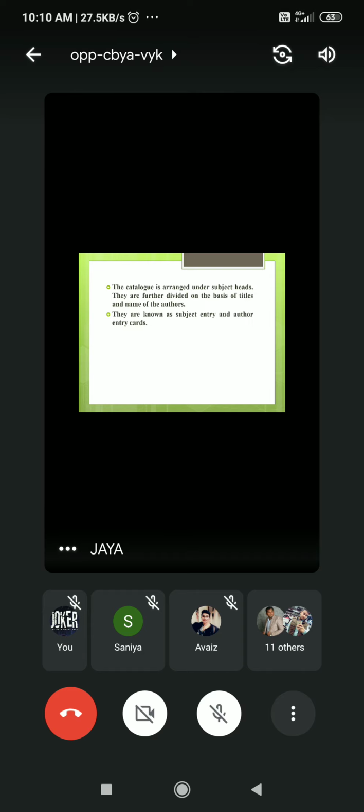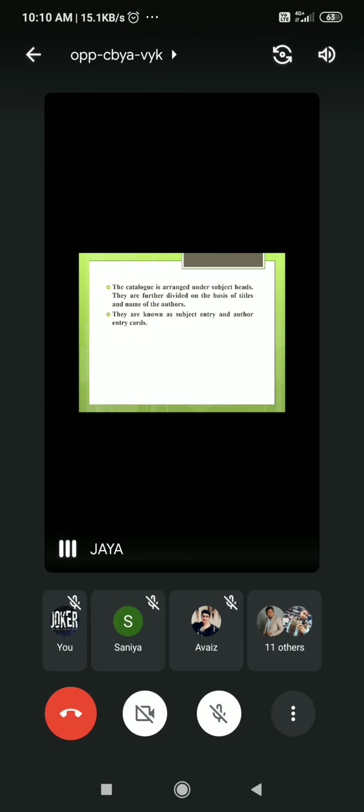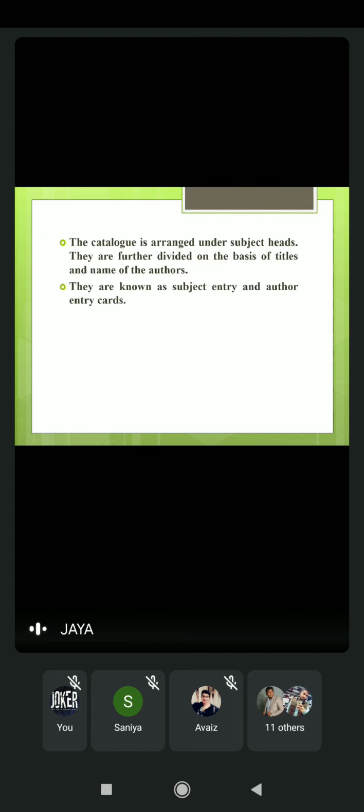I was telling you that the catalog is arranged under subject heads. They are further divided on the basis of titles and names of the author. They are known as subject entry and author entry cards. The catalogs are arranged according to subject heads.